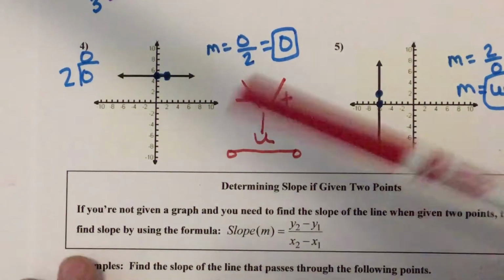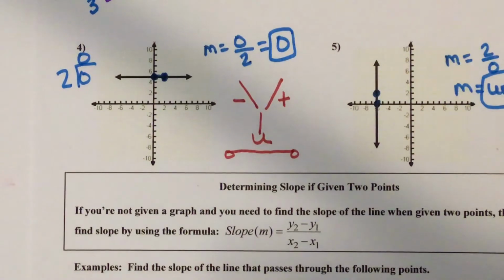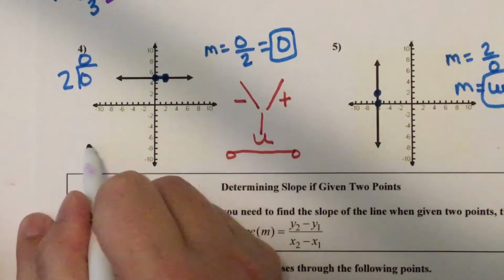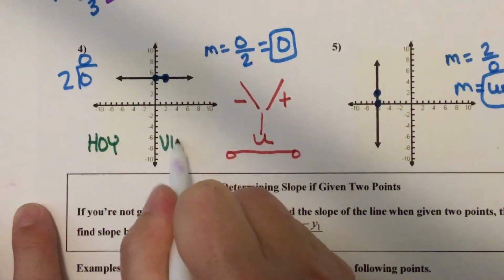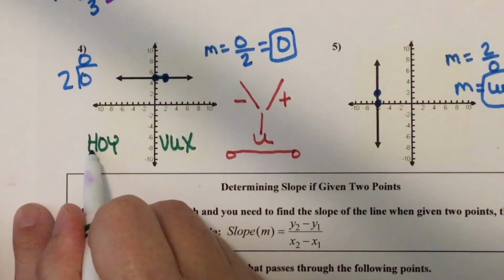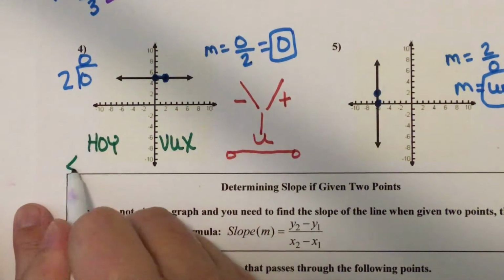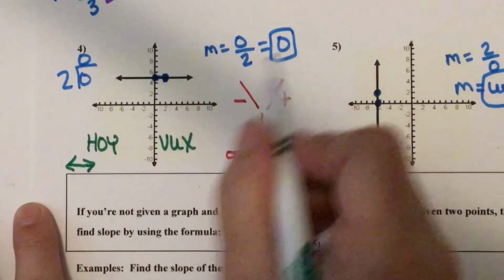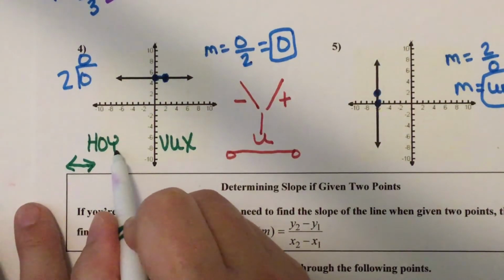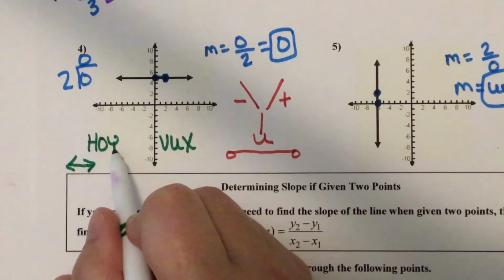Another way you can remember horizontal and vertical lines is HOY and VUX. And I imagine a lot of you saw this when you were freshmen, but if you didn't, I'm going to show you. So HOY and VUX. HOY stands for horizontal line, 0 slope, which we just saw, and it has a y equals equation, which we're going to need in another day or so.